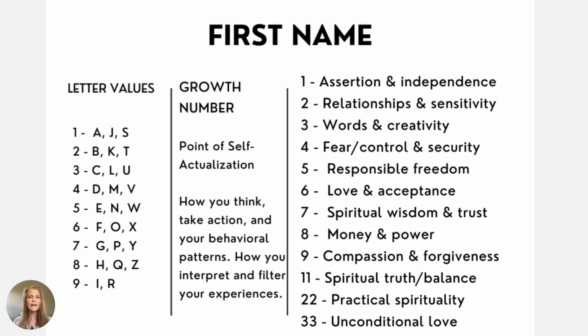The 4 is about control, a little bit of trepidation maybe there, and security. The 5 is responsible freedom. The 6 is love and acceptance. The 7, spiritual wisdom and trust. The 8 is all about money and power, all about the material world. The 9 is compassion and forgiveness. It's also very creative, very charismatic energy, very humanitarian.